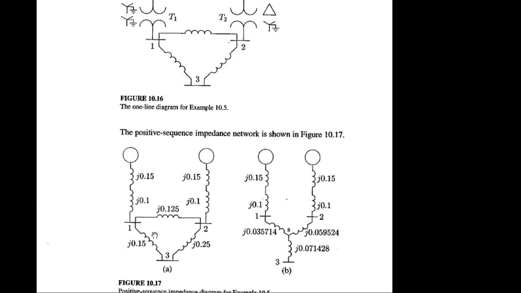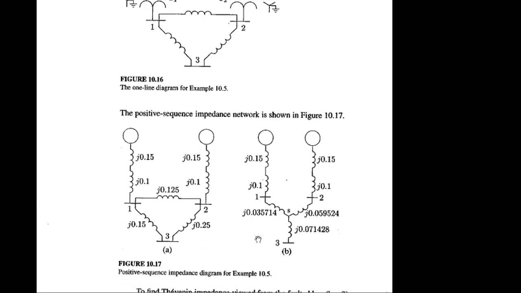That means using this to convert this delta to its equivalent Y. This information, can you find that? Multiplying these two and dividing that by all the three will generate this information. So apply the two and divide it by the summation of all the three.